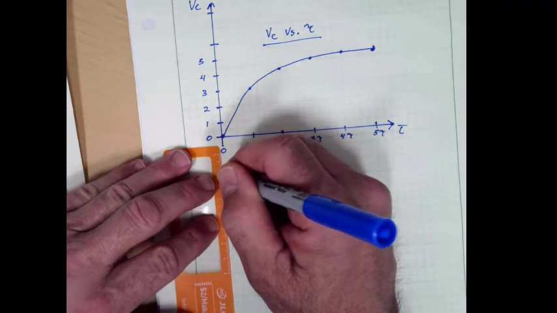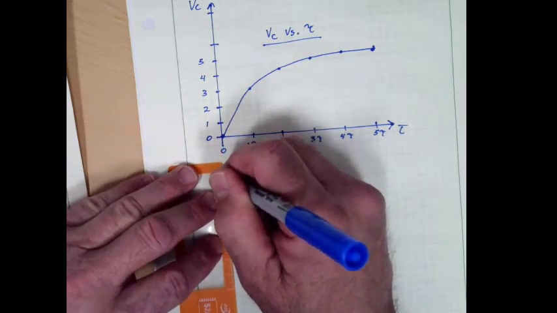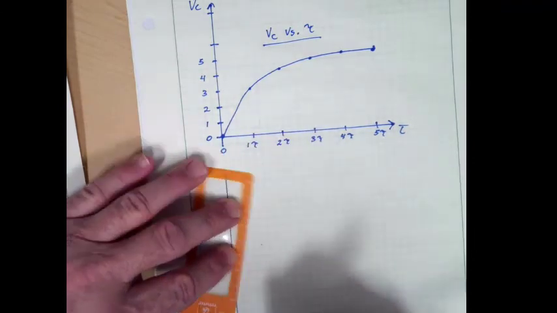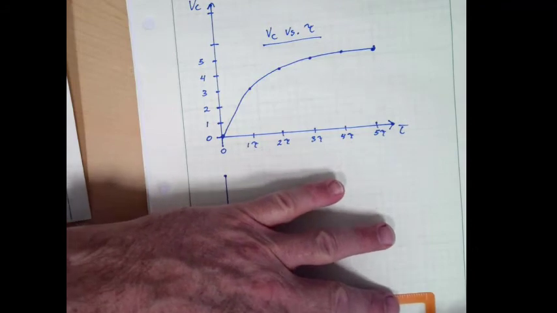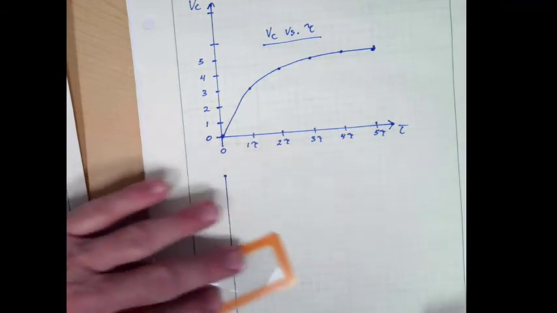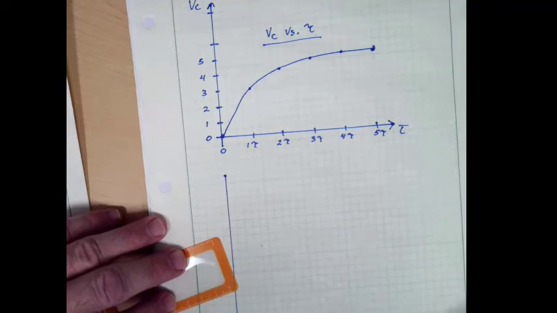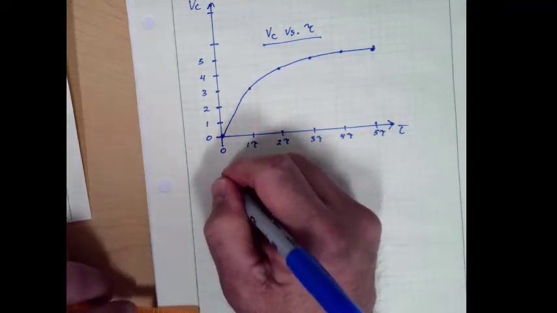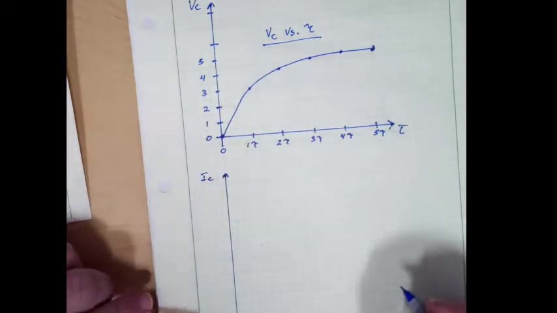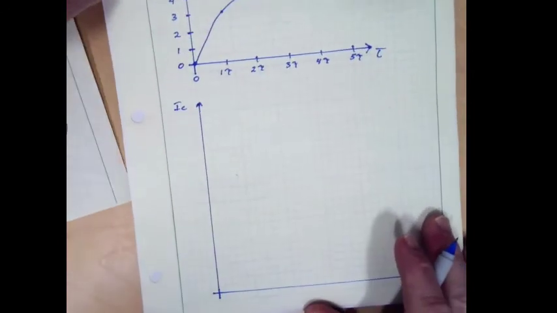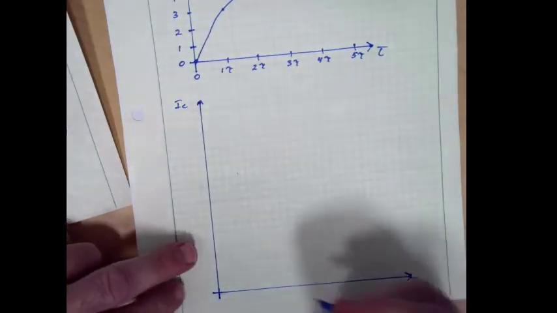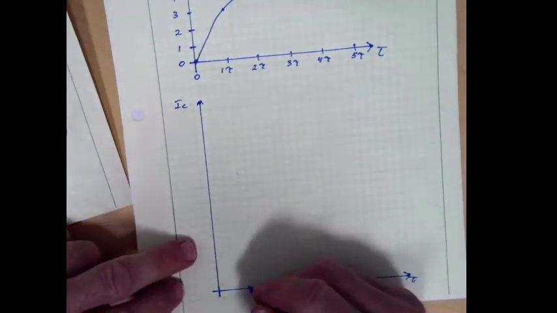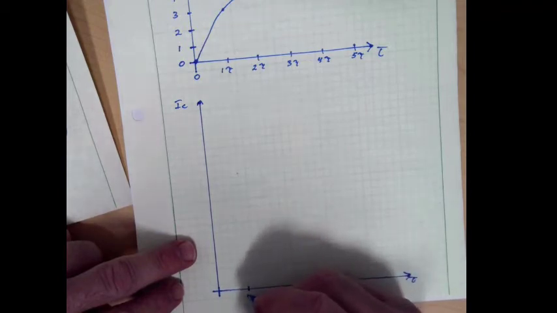And then we can do the same thing for current. For time, the current of the capacitor. And again, 4 worked well for the time constants.